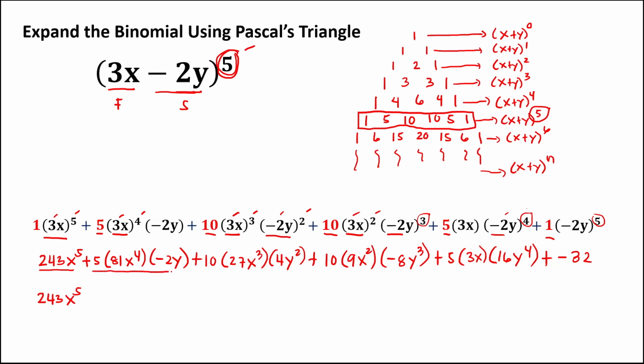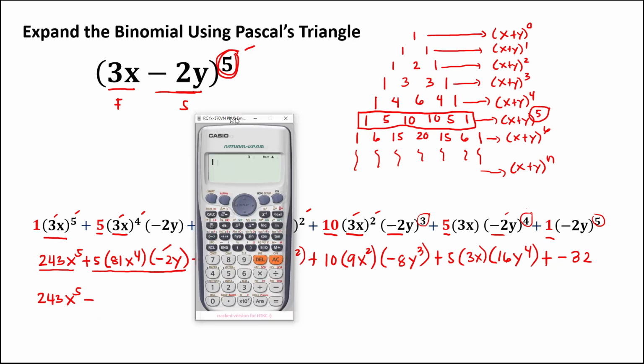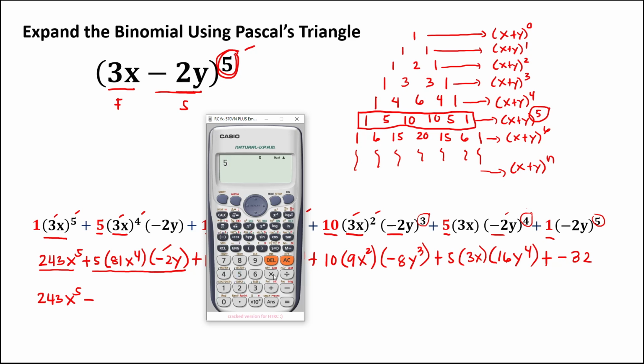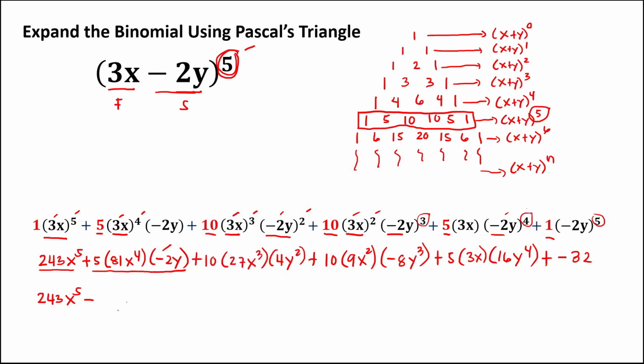Then multiply all these numbers. Since we have this negative, this becomes minus. So we have 5 times 81 times negative 2. So that's negative 810. Then copy the variables, so x to the power 4, then y, then plus.